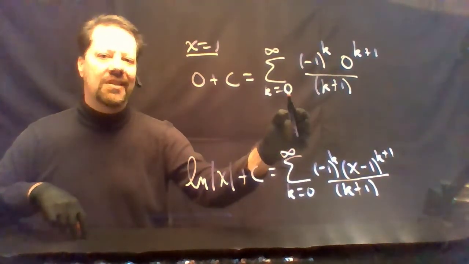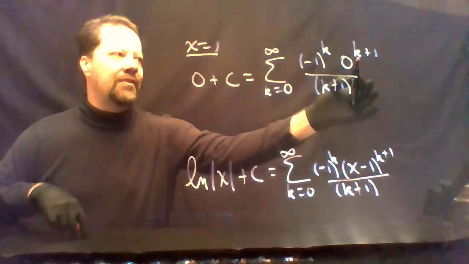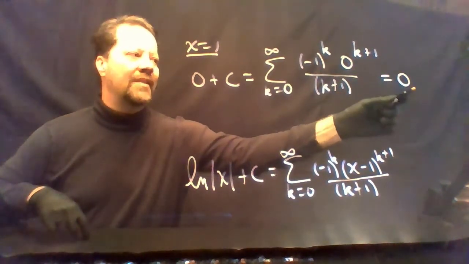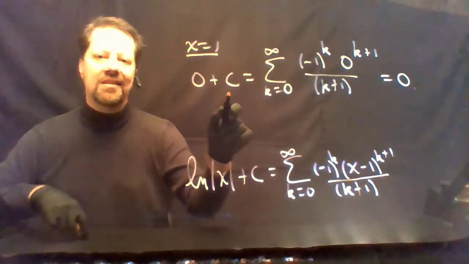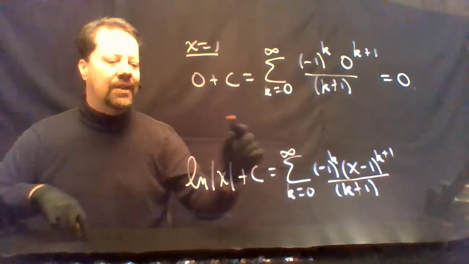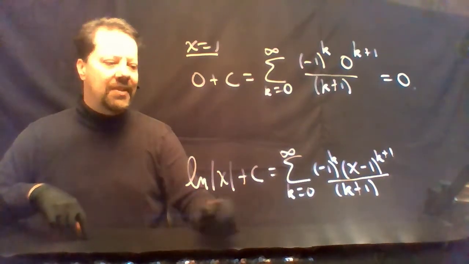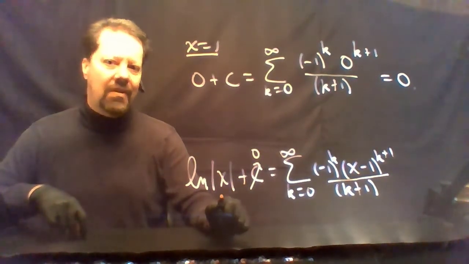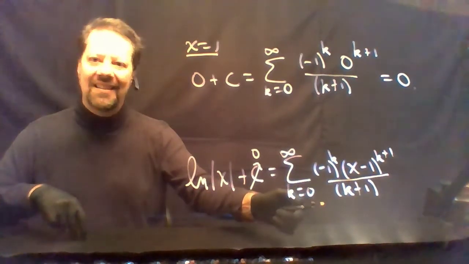When k starts at 0, we have 0 to the power of 1, which is 0. All of the terms end up being 0, which gives us the constant of integration equal to 0. We deduce then that a representation for the natural log is exactly this power series.